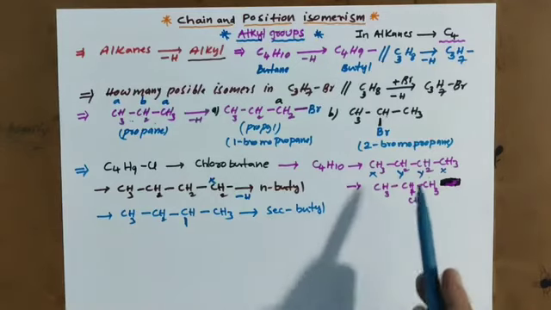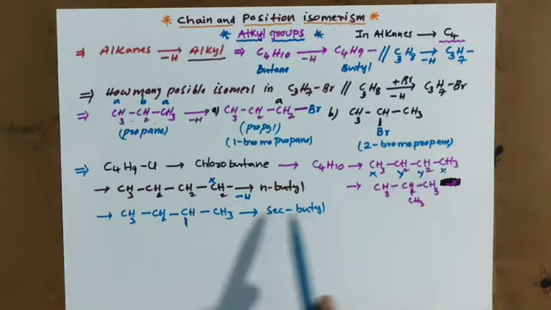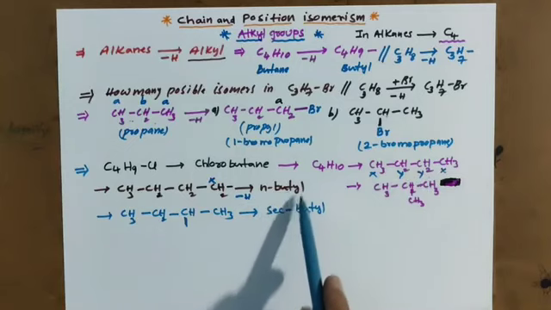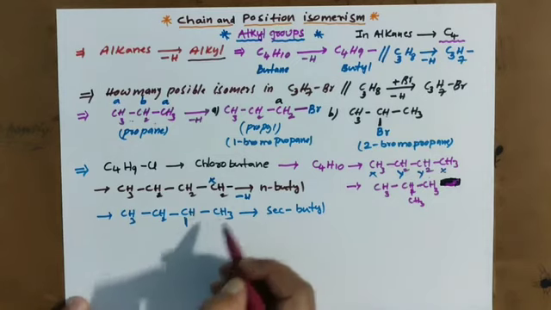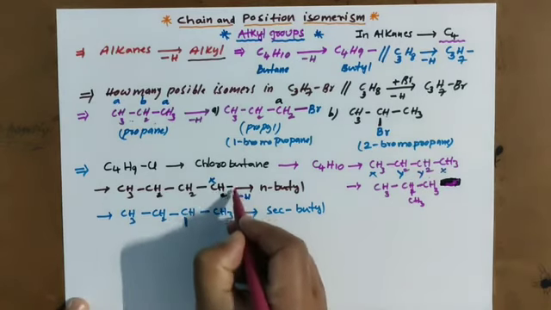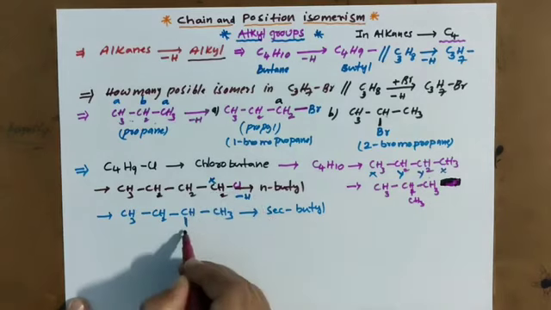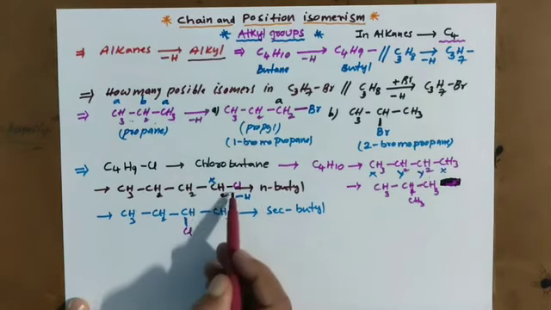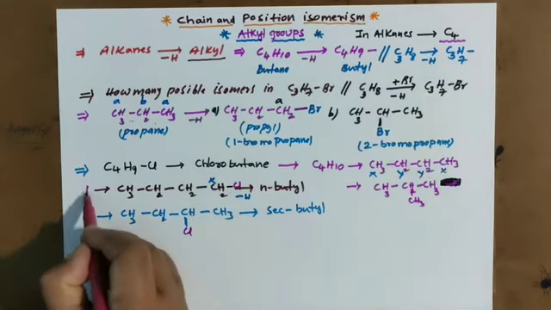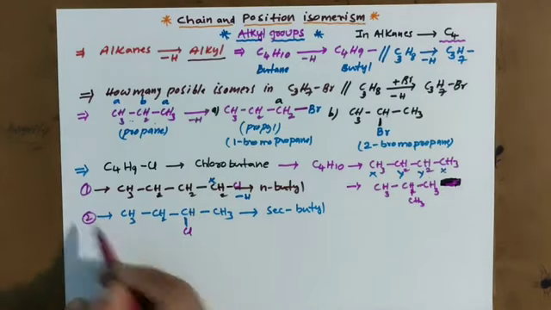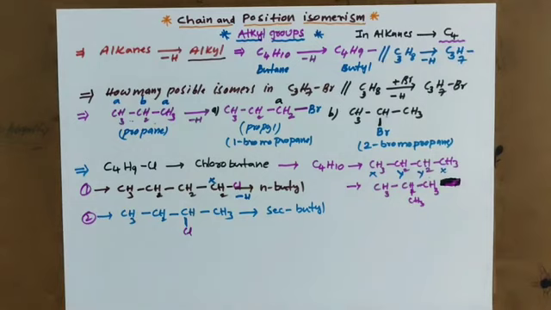So n-butane can be converted into n-butyl and secondary butyl. Now you can attach a chlorine atom at this position and this position: 1-chlorobutane, 2-chlorobutane. Two isomers we got.